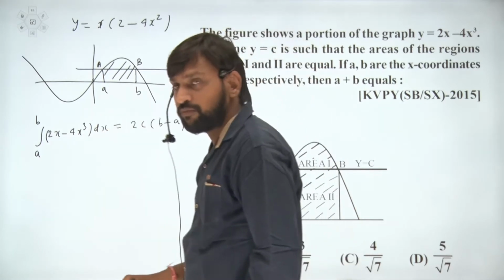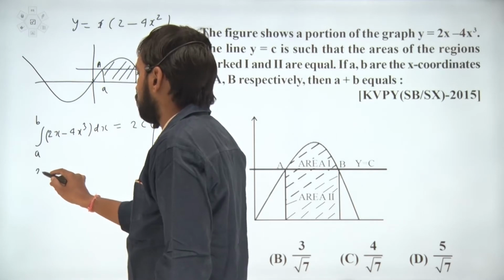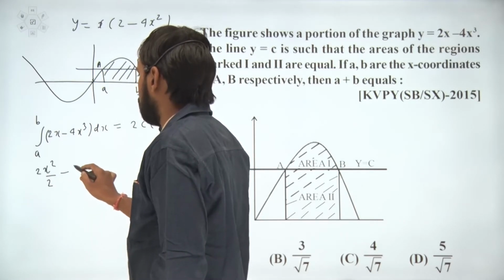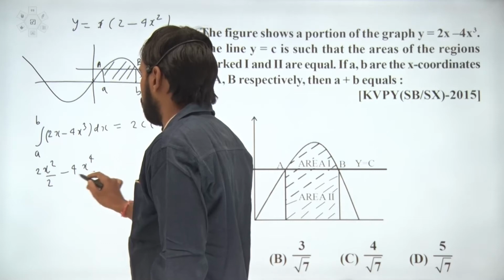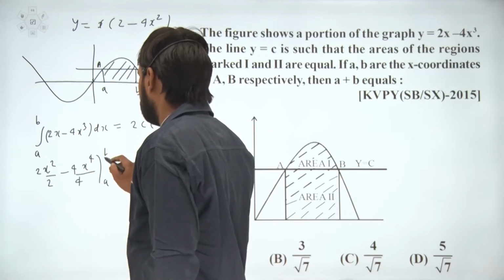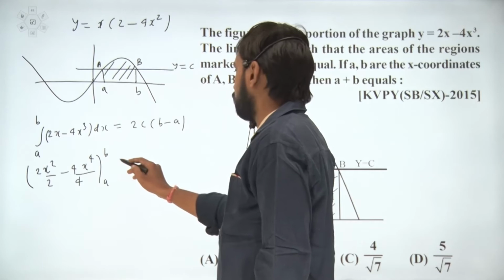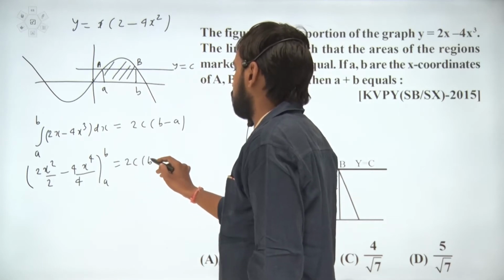Now the integration of that part will be 2 times x square by 2 minus 4 times x4 by 4 from a to b. Now that will be equal to 2c into (b minus a).